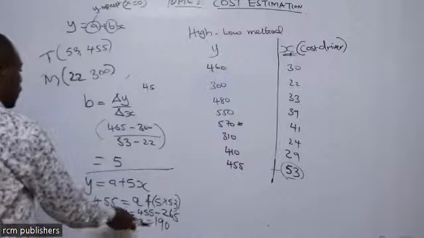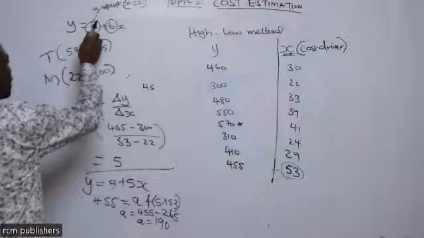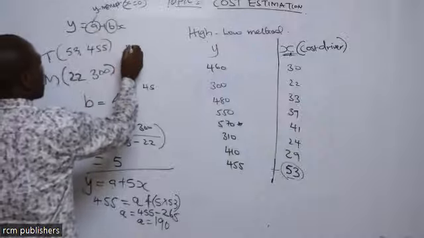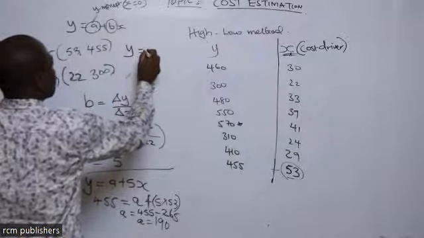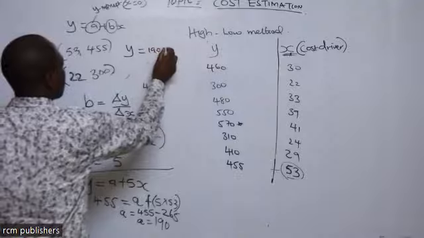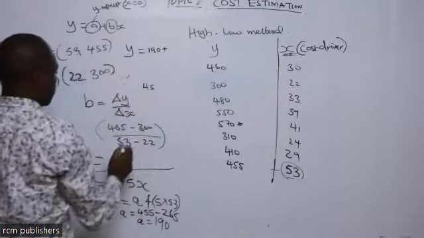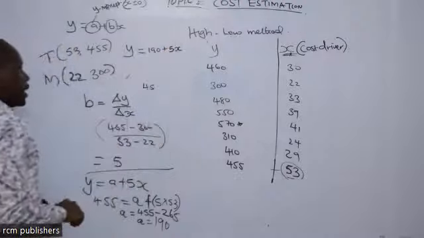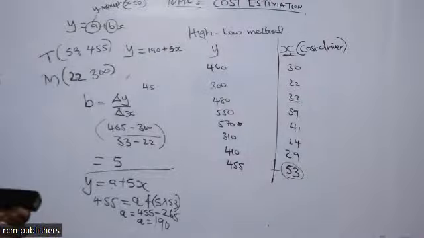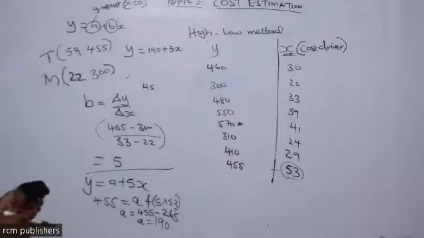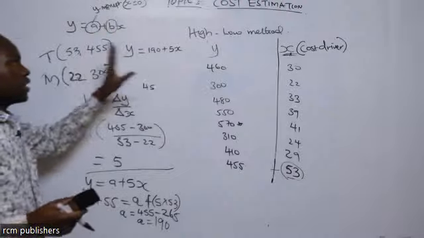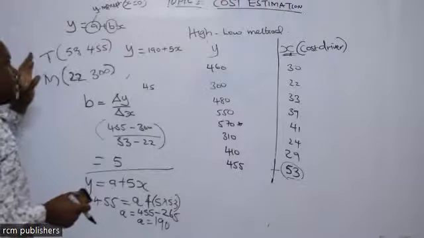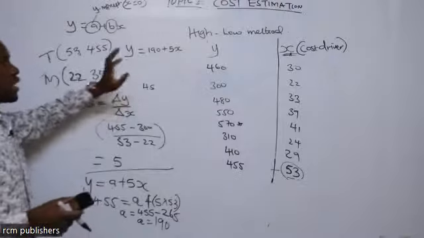So once we have A and B, that is the only thing we were lacking in this function. So our Y is equal to A, which is 190, plus BX, B is 5, X. That is what we were required to calculate. So you've seen the only difference between the high-low method and the scattered graph.